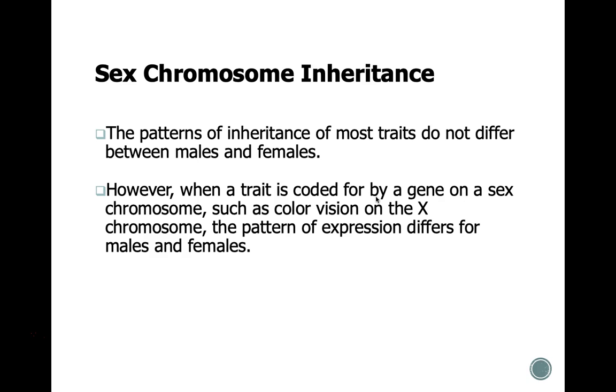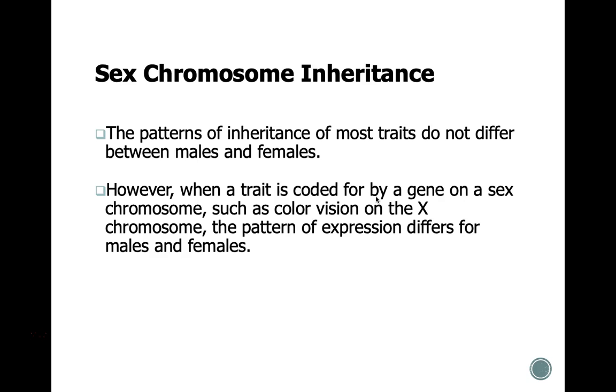Normally, the pattern of inheritance is the same whether you are male or female. So you have an equally likely chance of inheriting either allele from your parents. It has nothing to do with whether you are male or female. But if that gene is encoded on the X chromosome, then you are going to see a different pattern of inheritance between males and females.